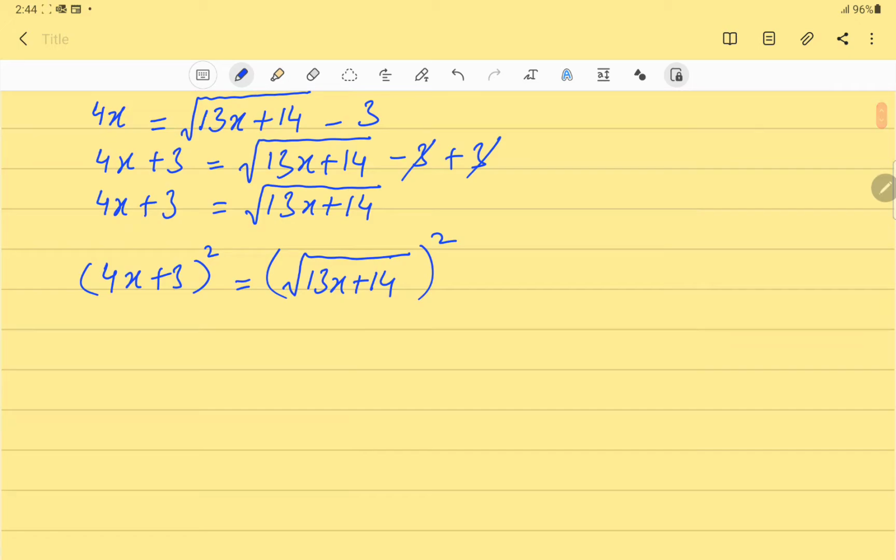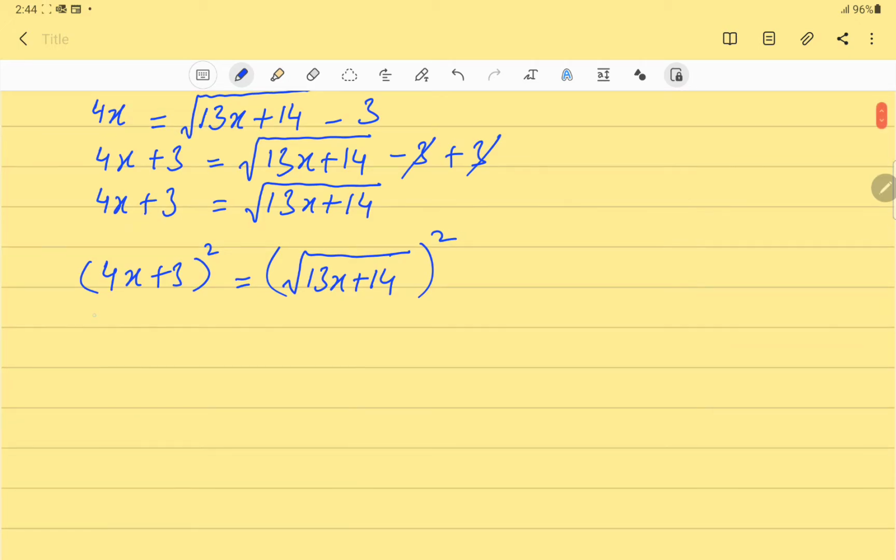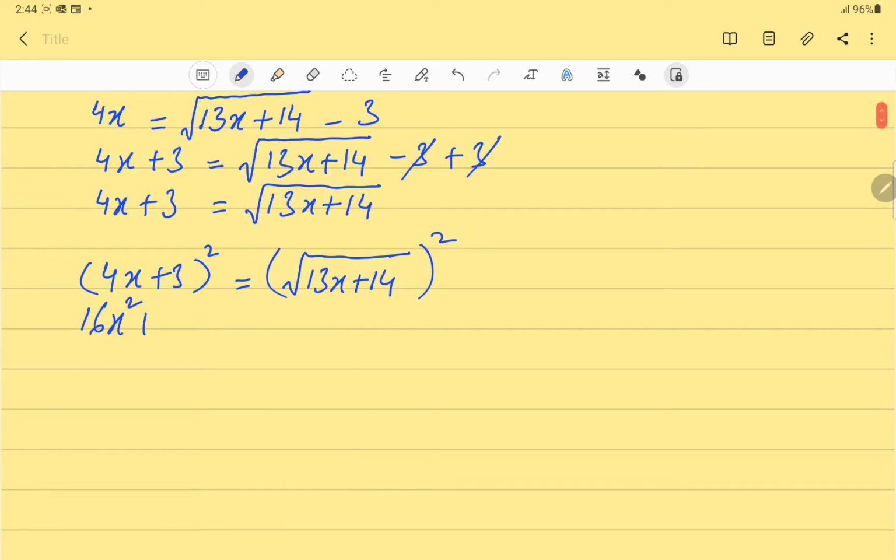On the left side, we will open the bracket and it will become 16x square plus 24x plus 9, and on the right hand side, square root and square will cancel with each other and we will get 13x plus 14.